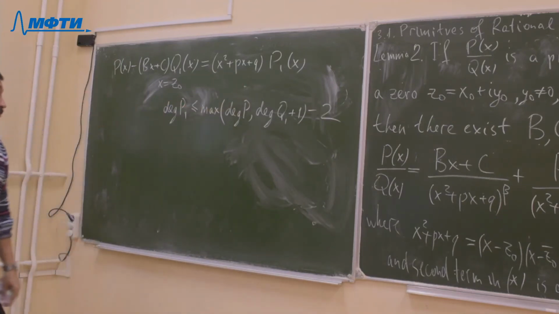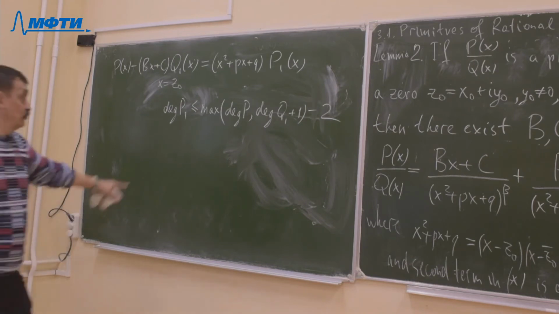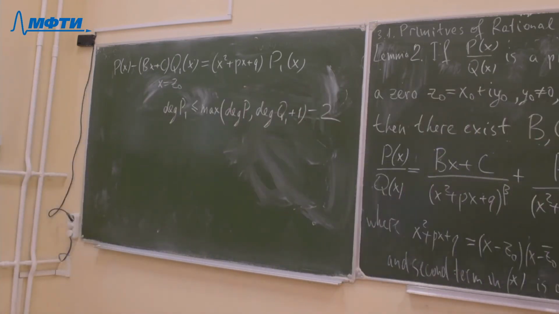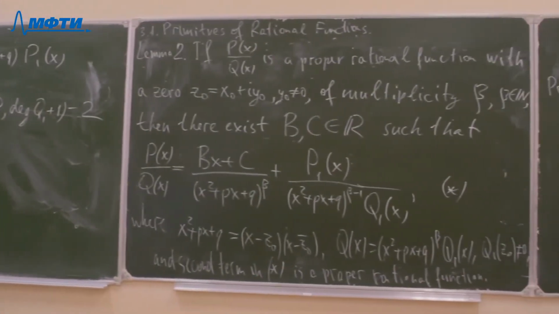That is an estimate for degree of p1. And you can again check that indeed it gives you that the second term is a proper rational function.